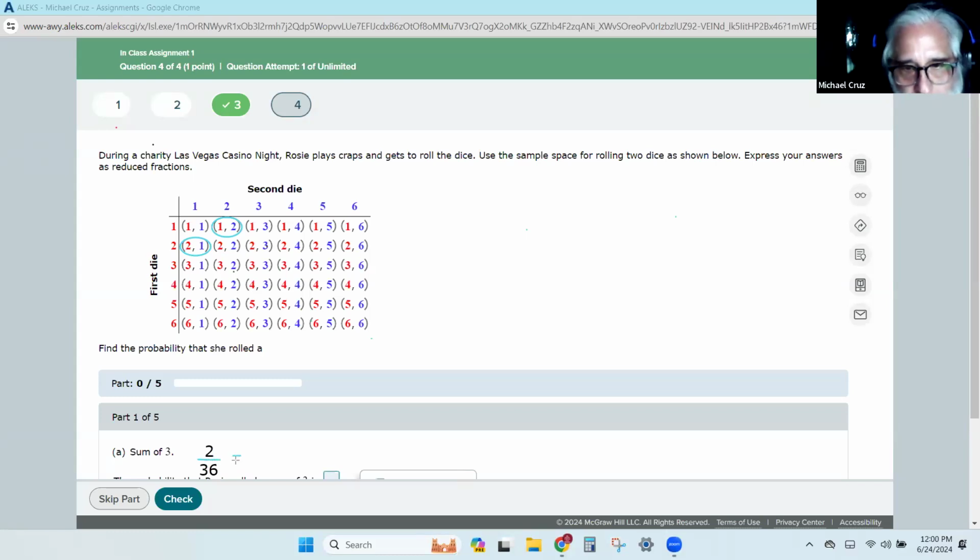Simplifies to 1 over 18. And that's what's going to go in here.